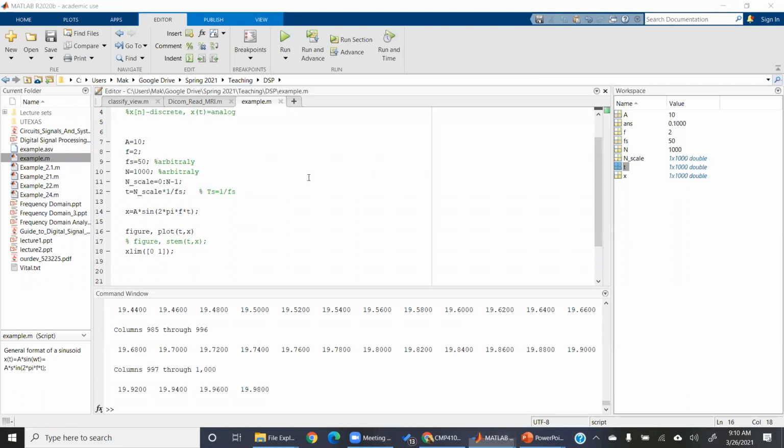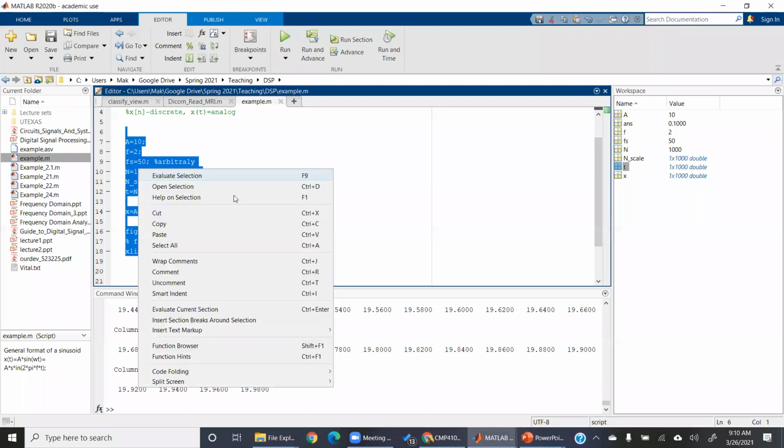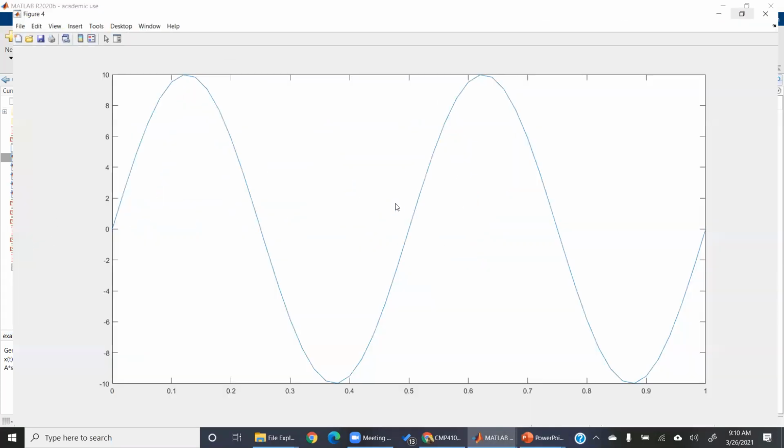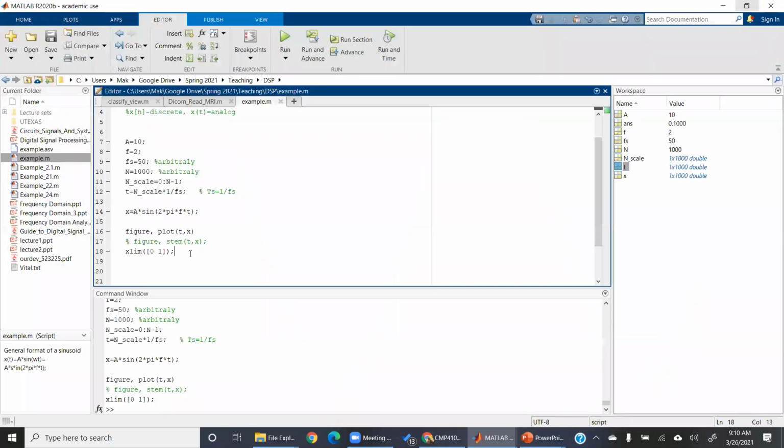Okay, so we generated a plot here of a sine wave. It's a good practice to always label your vertical and horizontal axes and also give your plots a title. And it's as simple as anything you've come across.